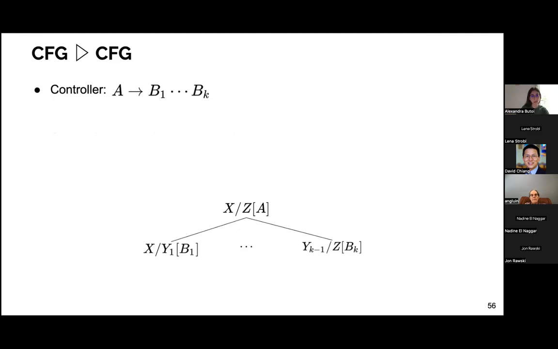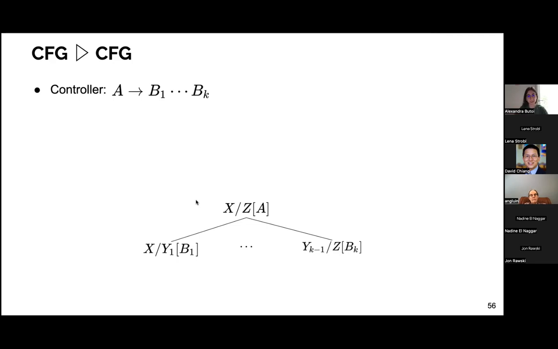And the last case is when the controller has a rule that rewrites A as B1 until BK, and we have a subtree of this form. And again, we need to keep track between which controllee symbols the controller symbols get rewritten. This is a bit of a detail, and I won't talk much about it because there isn't enough time.